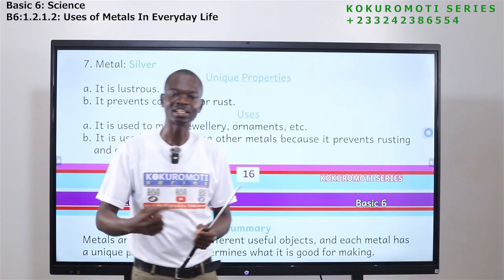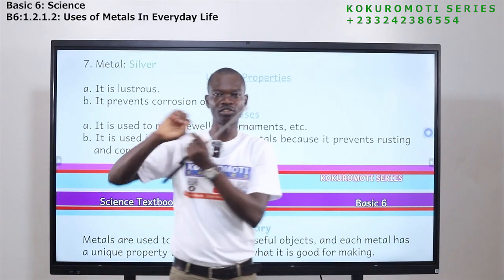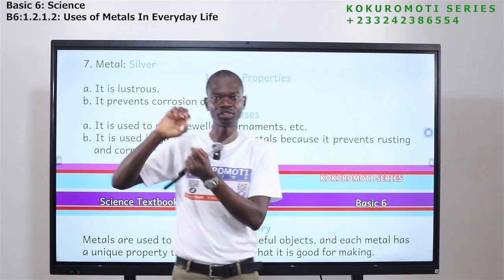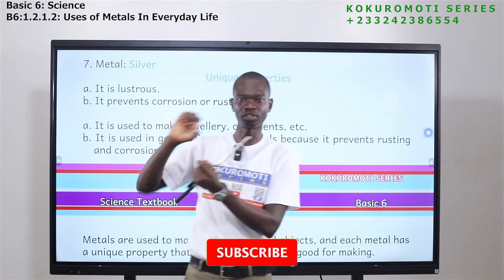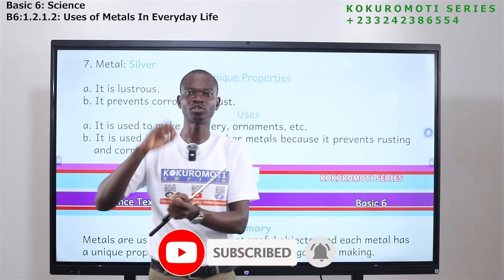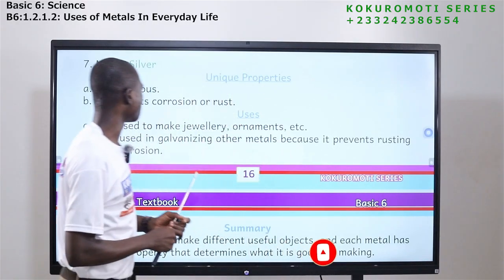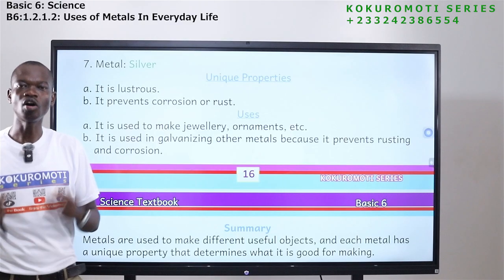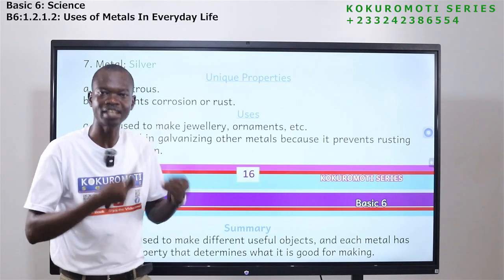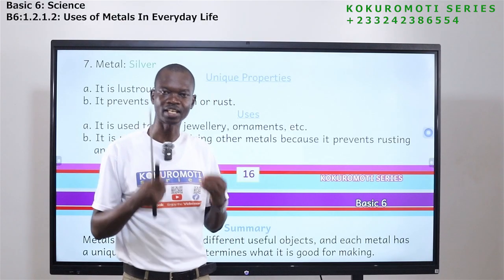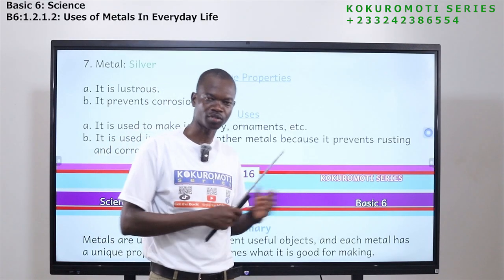We have seen that aluminium has its unique properties, gold has its unique properties, zinc has its unique properties, copper has its unique properties. We have also seen that silver also has its unique properties, and all these properties determine what they should be used for.